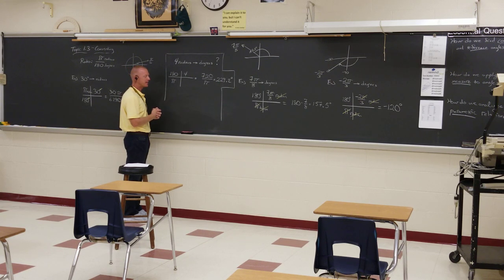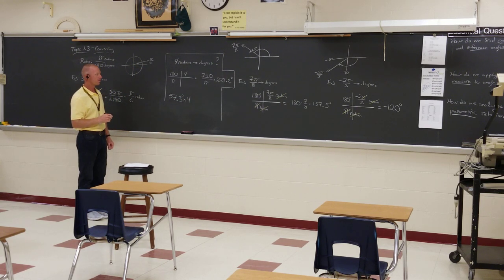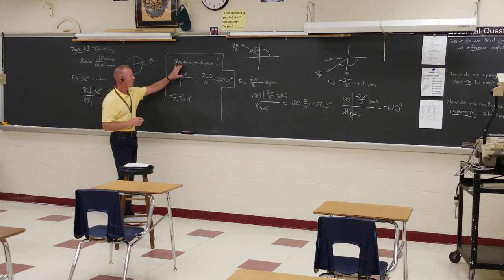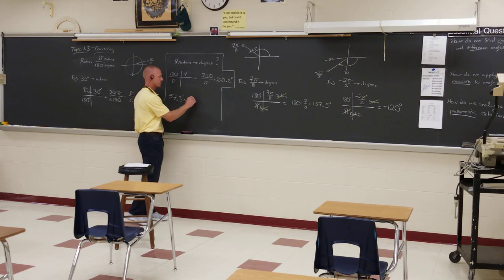Remember the first day we said that a radian is the same as 57 degrees? Well, all we're really doing is saying here that we have 4 of those 57.3 degrees. We have 4 of them. So to have 4 radians is to have 4 57s. Well, guess what?